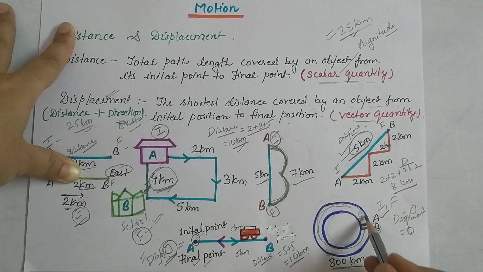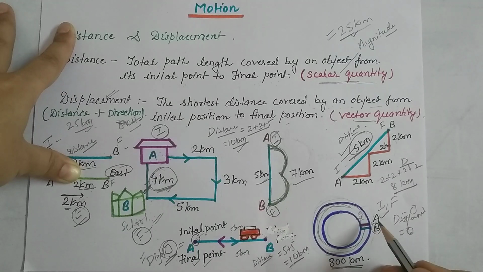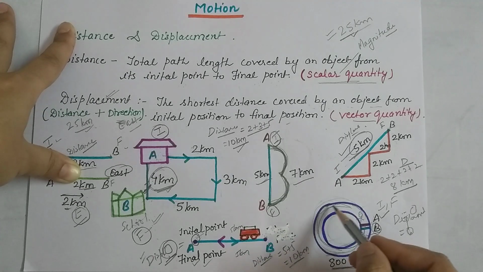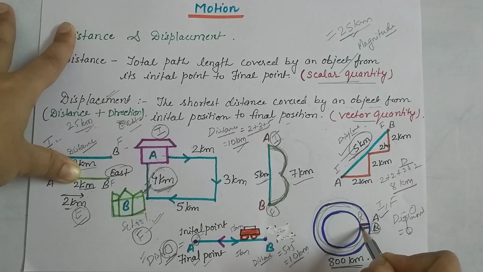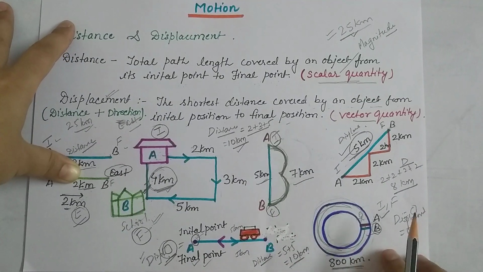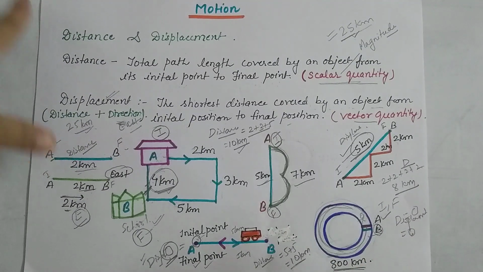A person covers 8 kilometer distance, but displacement is the shortest distance, how far it is from the initial point to the final point. So the displacement is 0. Basically, when you move in a circular path and come again to the initial point, the displacement becomes 0. So this is all about distance and displacement.